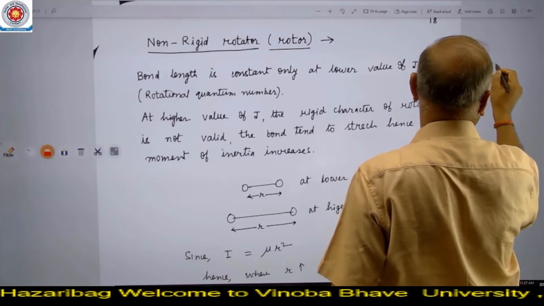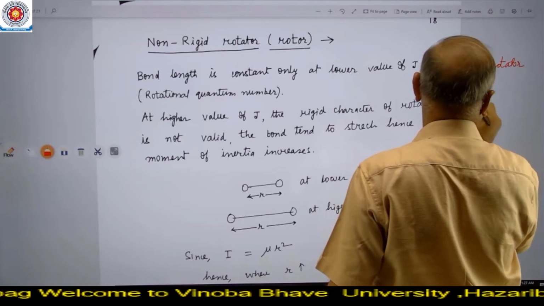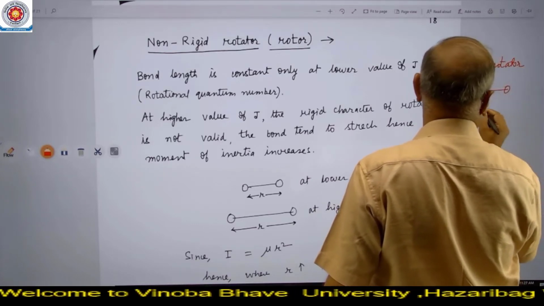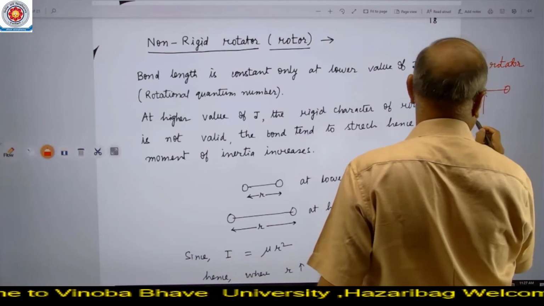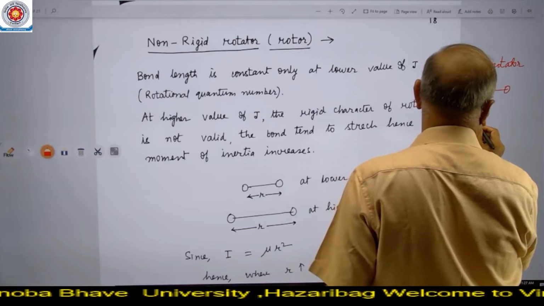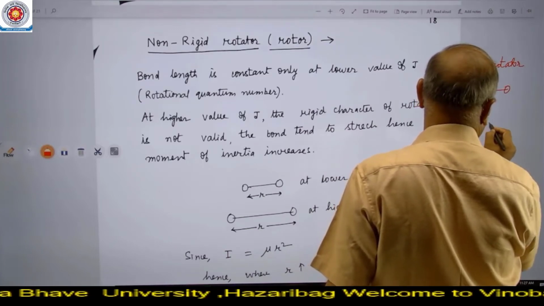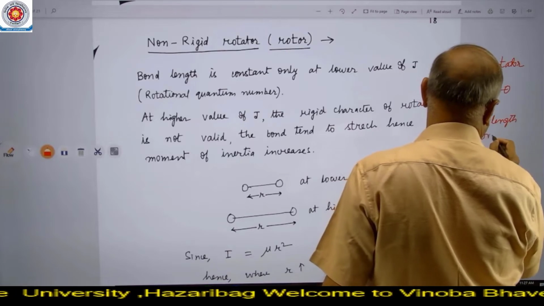A rigid rotator means the distance between the nuclei of the two atoms in a diatomic molecule, that is bond length, should be constant.